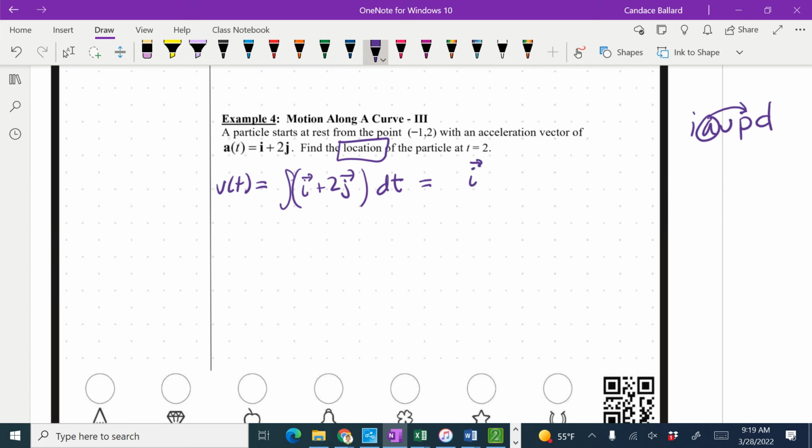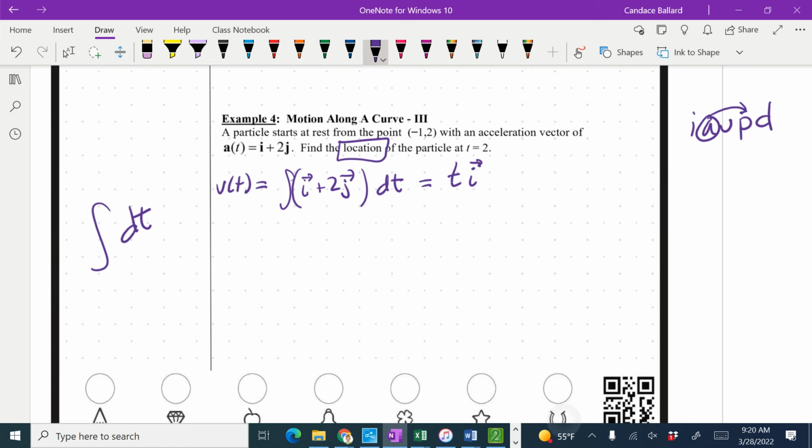So my i part of the vector, or my x component, when I integrate just the 1 that's there, what do I get? Not 0. You get t. Don't forget the easy integrals, you guys. 1 dt goes back to t.